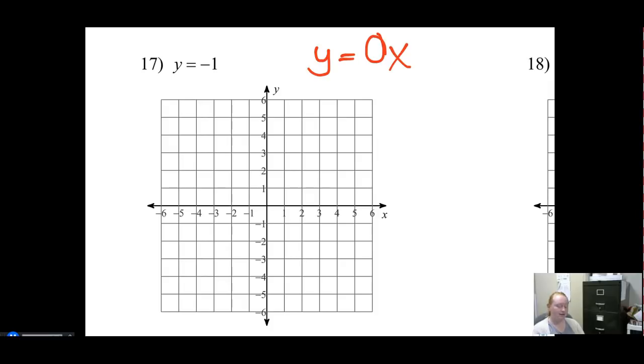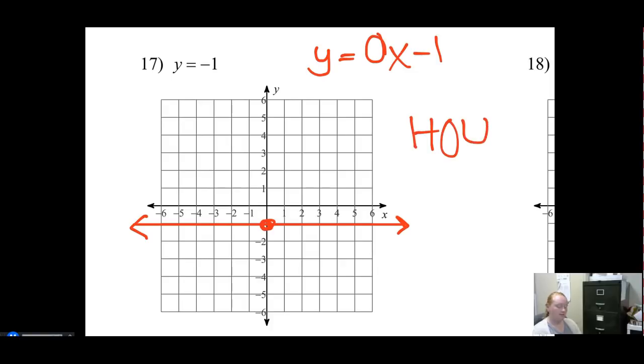If that's the case, then I can change my b to -1. So now I know that I can graph at -1 and that I have a slope of 0. If I have a slope of 0, it's a walk that is flat and easy to do. It makes a horizontal line.